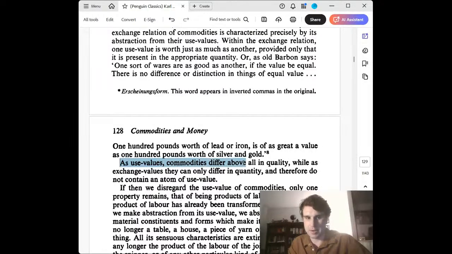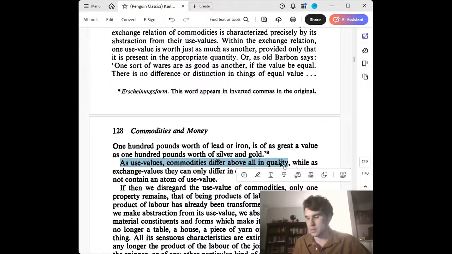As use values, commodities differ above all in quality, right? This Bic pencil differs in quality from this nicer one, that's made of metal as opposed to plastic. This screwdriver is fundamentally different from this pencil. They have completely different uses, so they're qualitatively different.